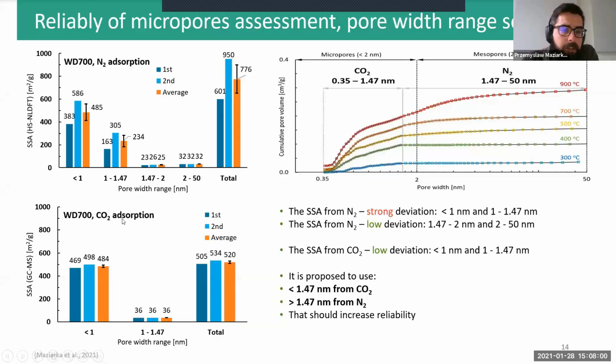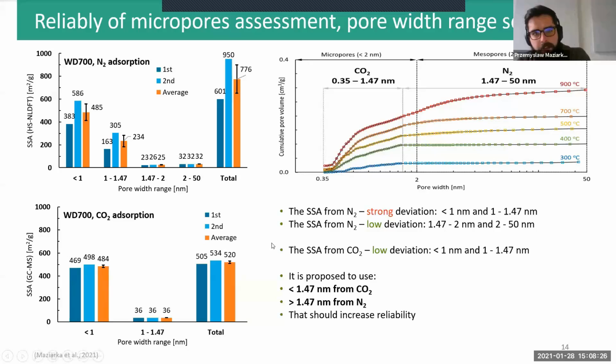On the other hand, when we compare the carbon dioxide data, we do not observe such a strong deviation in the microporous region, mostly because the stress was much lower, even though that structure was prone to deformation. The actual stress wasn't high enough to cause deviation among the results.